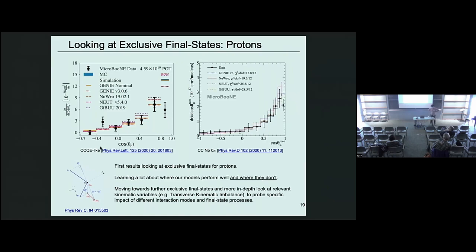Other questions? Yes. Thanks for the talk. I have what may be a stupid question. In this slide, you have this deficit in the forward direction, right? We also see a deficit in a lot of the low energy excess analyses, except for the one that doesn't have a proton.